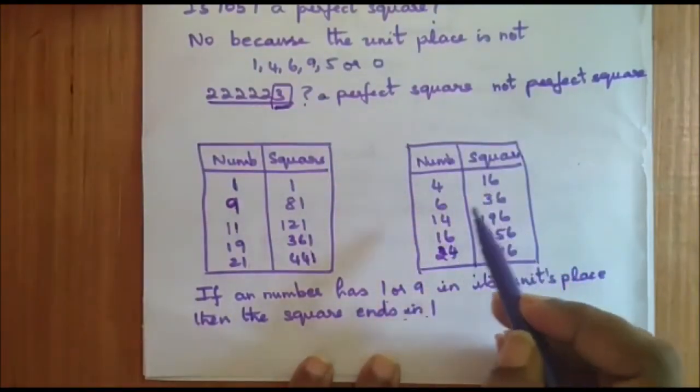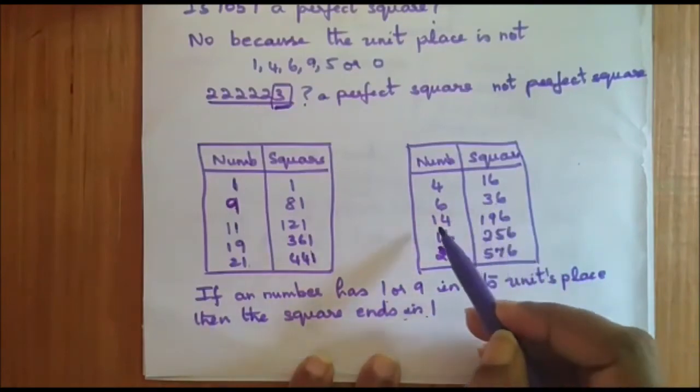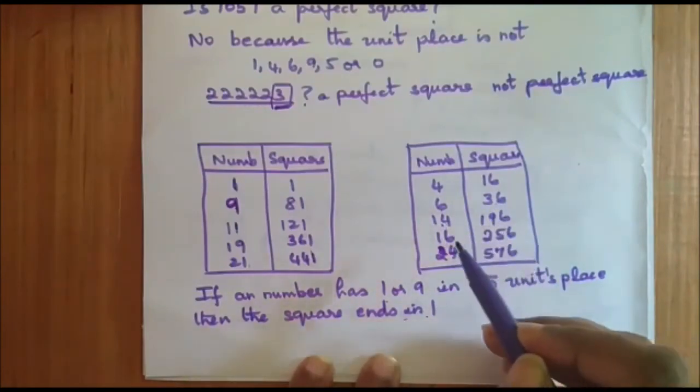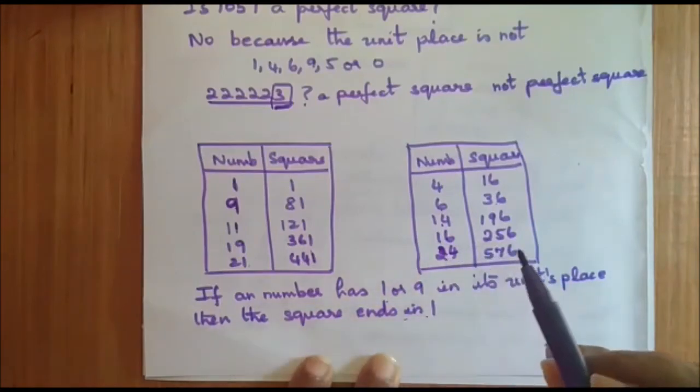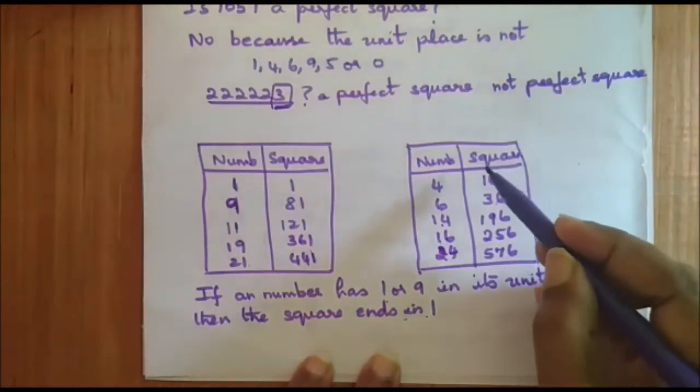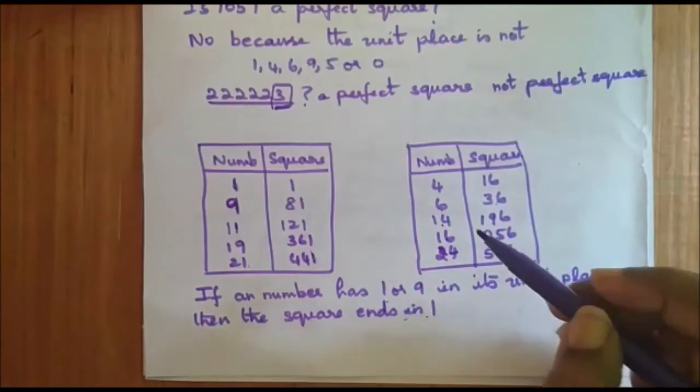Similarly, let me take this. 4 squared is 16, 6 squared is 36, 14 squared is 196, 16 squared is 256, 24 squared is 576. Now let us see a pattern in this. What is it?